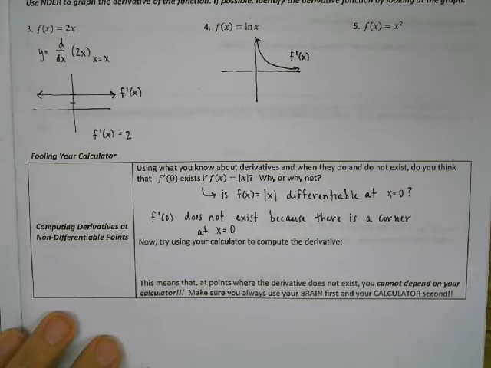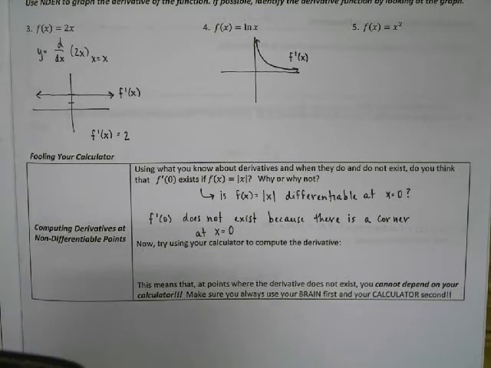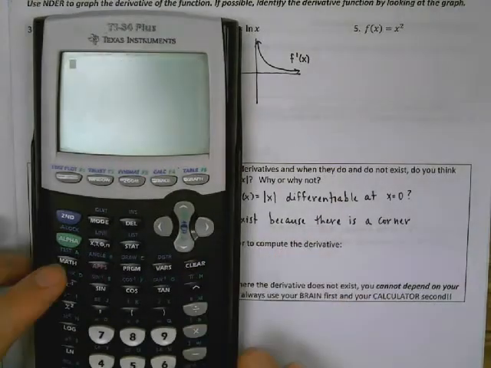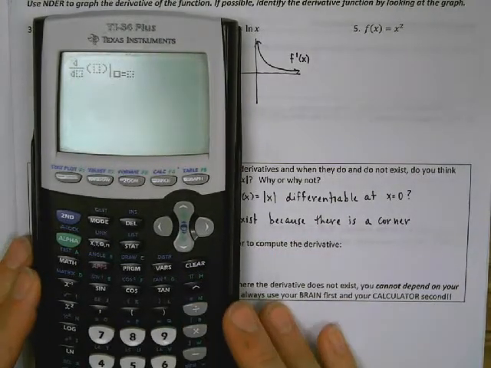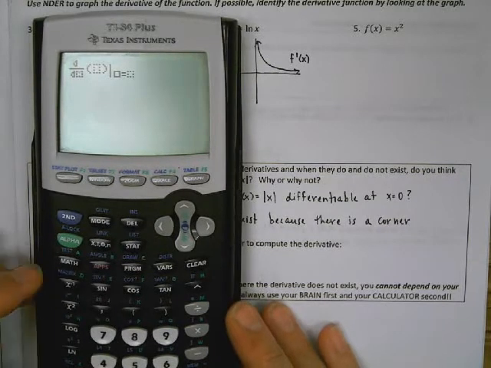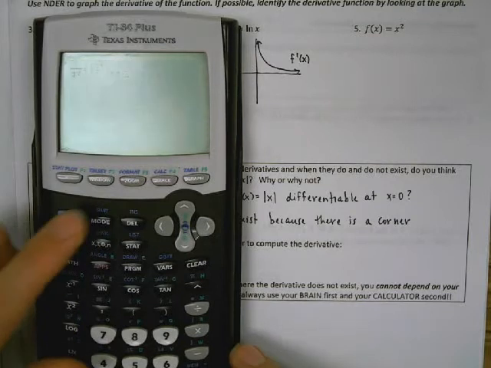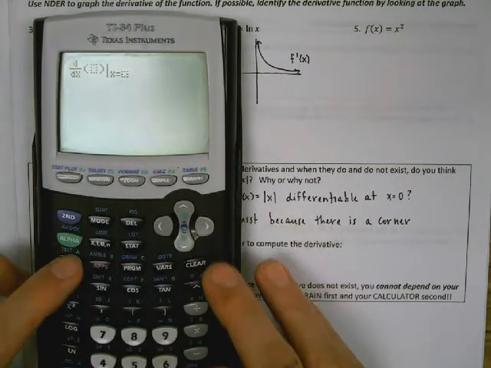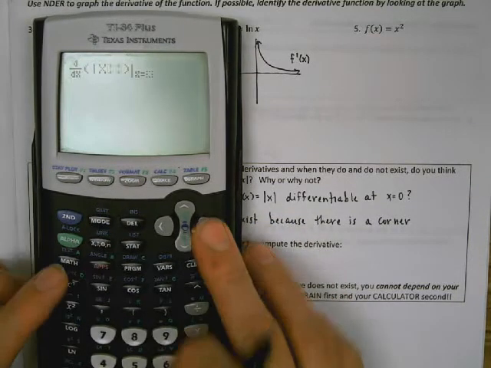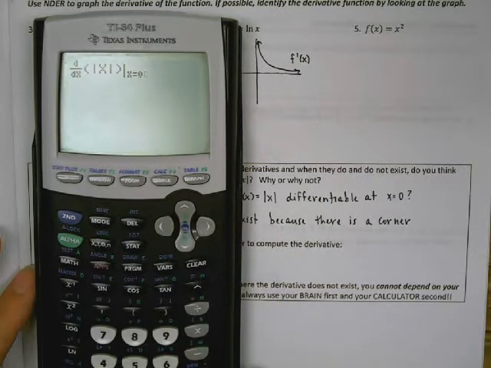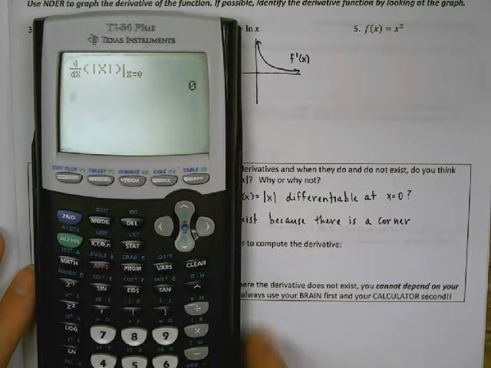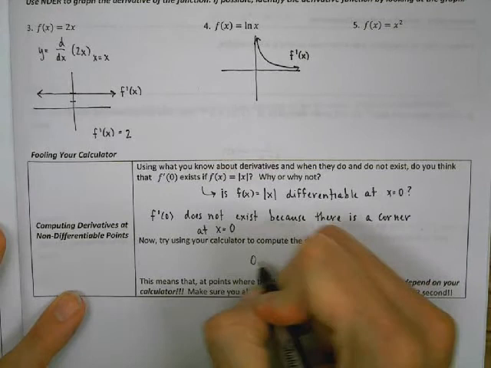Okay, well, let's see what our calculator has to say about that. So I'm going to go here again. I'm going to use my nderiv, my math 8. Derivative with respect to x of, let's try that again, of the absolute value of x when x equals 0. And our calculator is going to tell us that that value is 0, which we know is wrong.